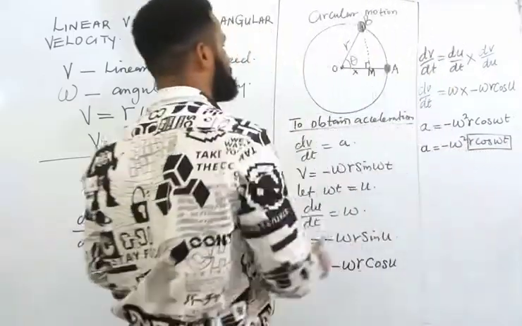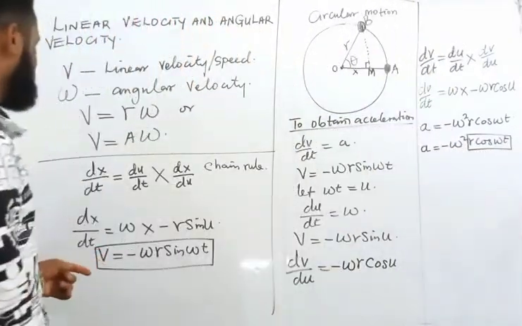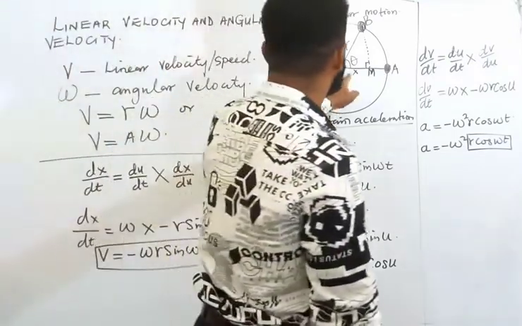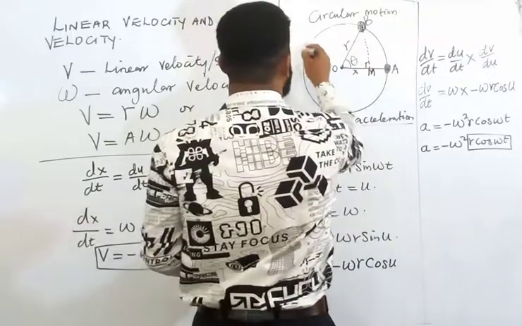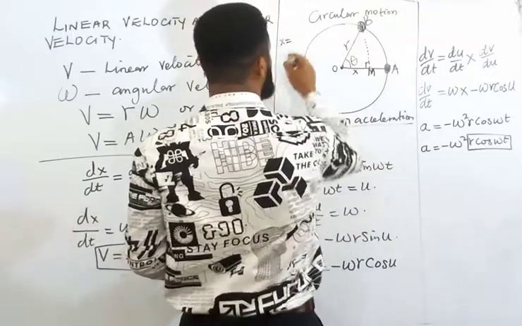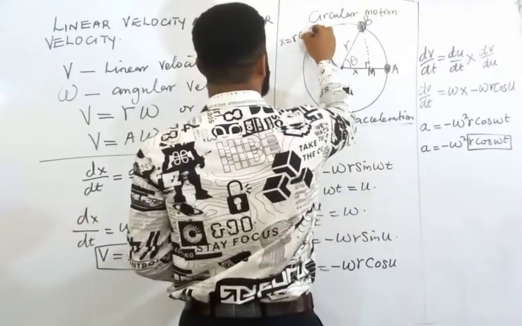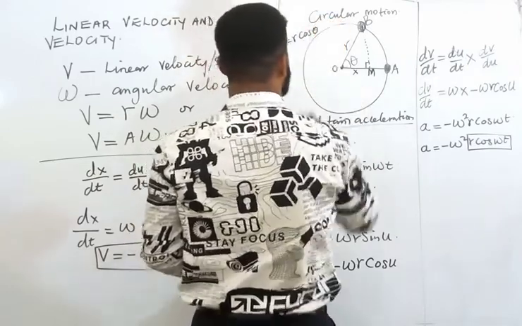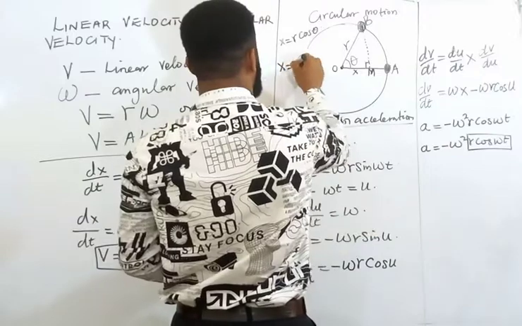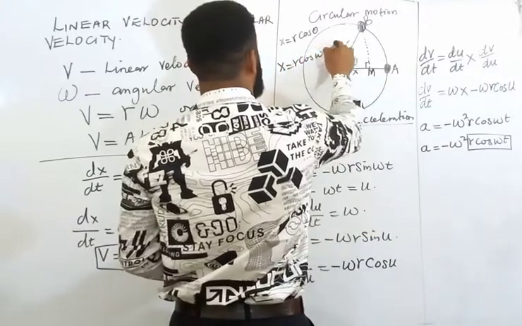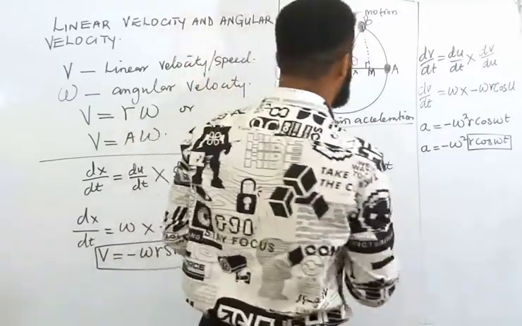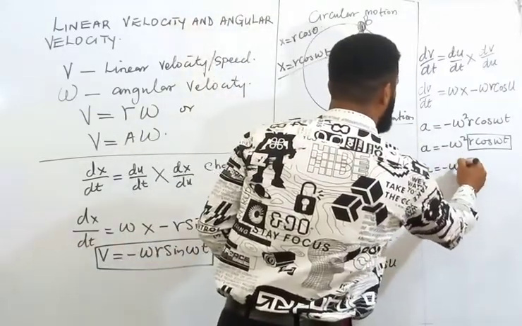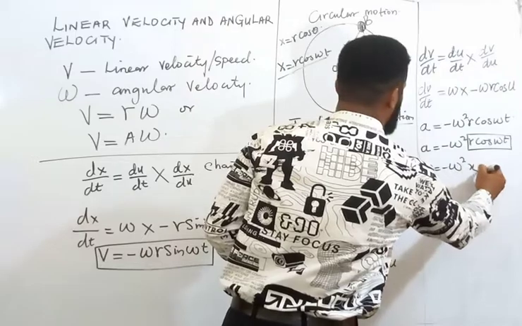What is that? That was given from this expression. If you look at this expression, I said that x is equal to r cos theta, which was given that x is equal to r cos omega t. So if I substitute this, I'm going to say that a is equal to minus omega square multiplied by x.